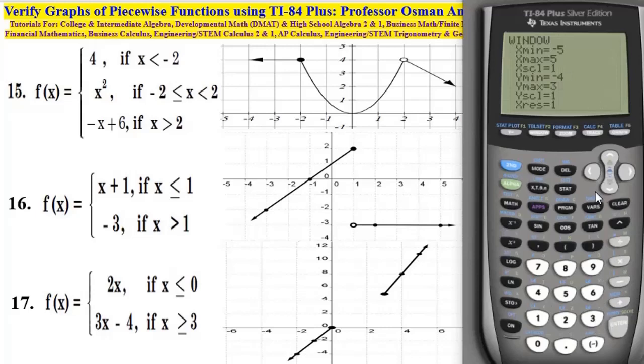Okay, then do graph. And here is a graph.